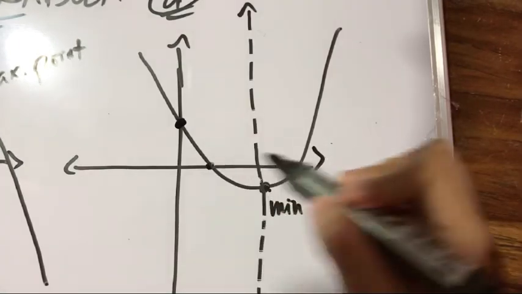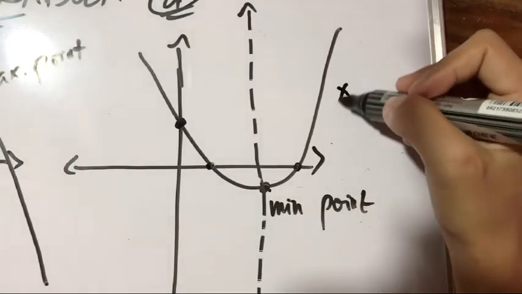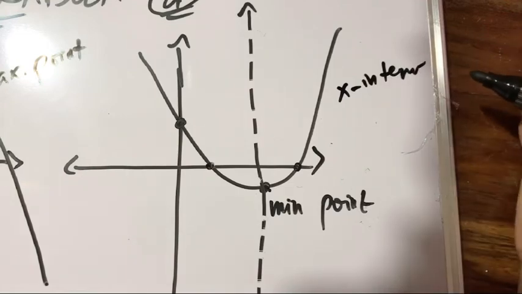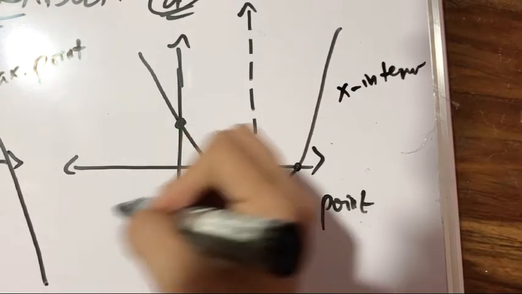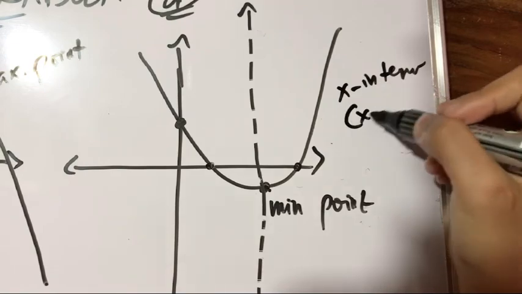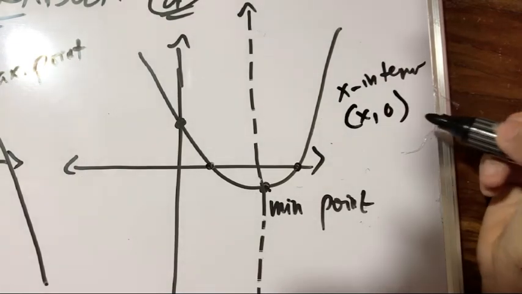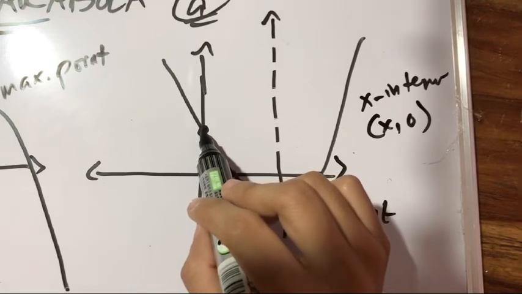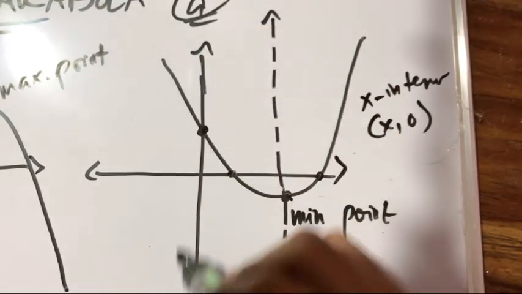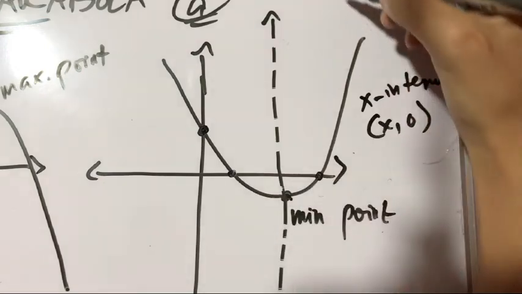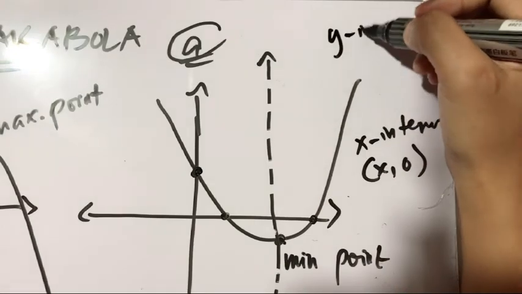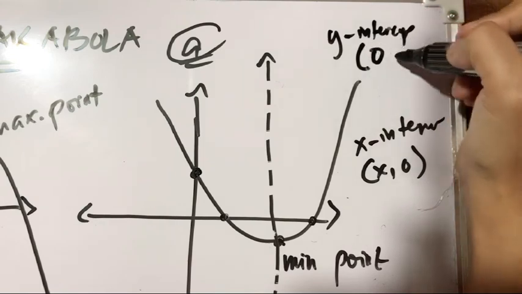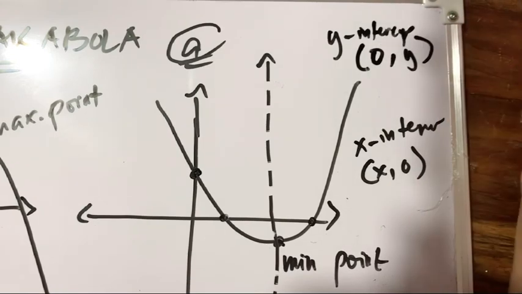These points are called the x-intercepts, or the points that pass through the x-axis where y is equal to 0. And this particular point that passes through the y-axis is the so-called y-intercept, where x is equal to 0.